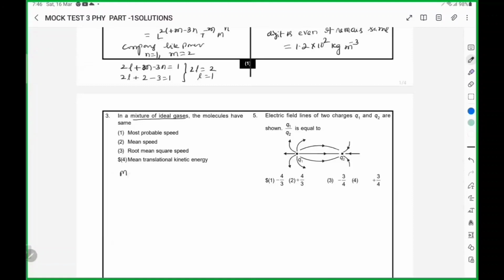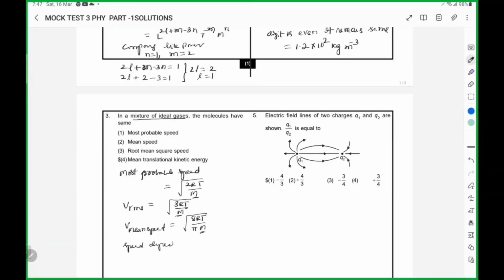Here the most probable speed is root 2 RT by M. VRMS, the root mean square speed, is root 3 RT by M. And the mean speed is root 8 RT by pi M. These M are all molecular weights.